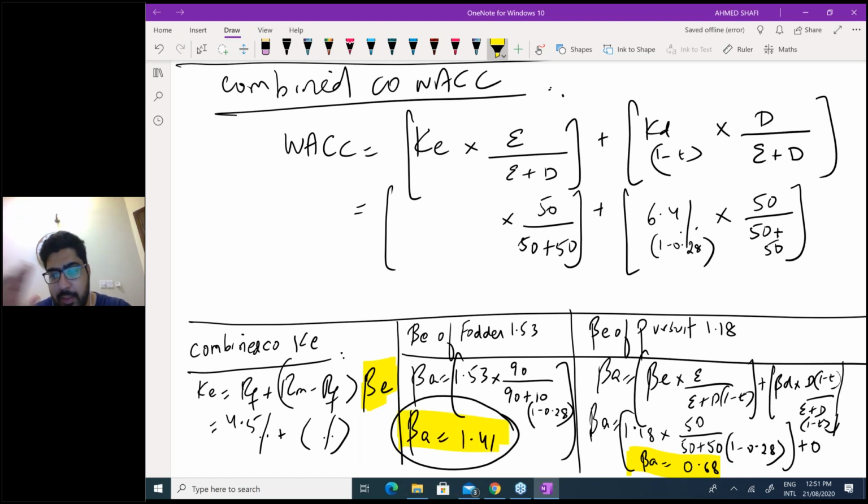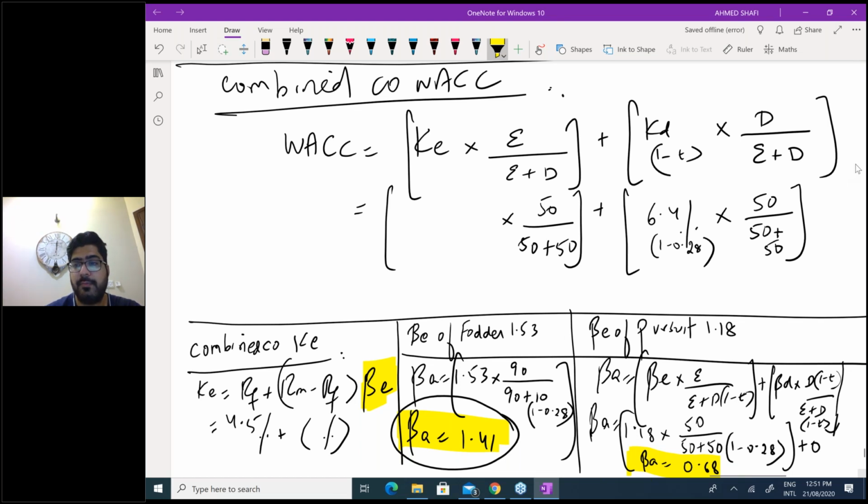I've still not got the combined beta equity, but the question told me to assume that the beta asset of the combined company is the weighted average of the individual beta assets. So I needed the individual beta assets first. I had the individual beta equities and firstly ungeared them to get the individual beta assets. Now copy this so that I can move forward. If you have any questions up till the individual beta assets, the first question is why I computed them. It was written in the question that the beta asset of the combined company is the weighted average of the individual beta assets. So I had the beta equity of individuals and computed their beta assets.